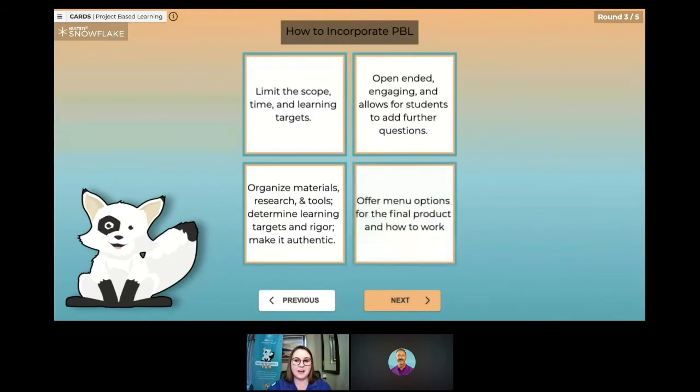The other part is incorporating student choice and student voice. This would be being able to make sure that students have options for how they're going to learn and the final product that they may produce. I found that it worked best in the beginning to limit their choice and their voice.